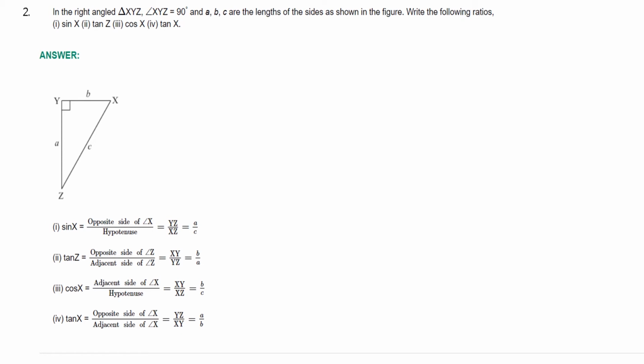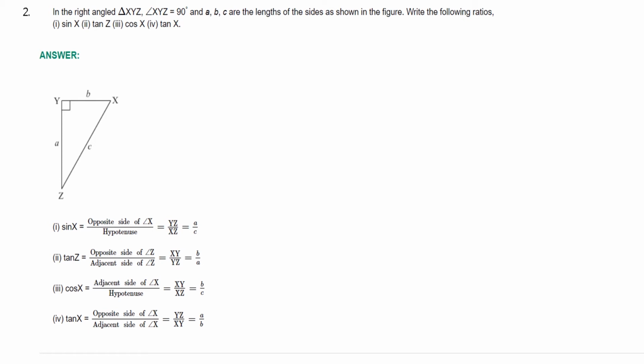For the given angle X, you have to find out sin X. Opposite side upon hypotenuse. Opposite side of angle X has to be considered. Opposite side of angle X will be, look at the figure, YZ, upon hypotenuse.